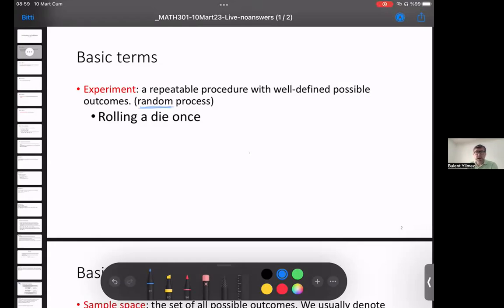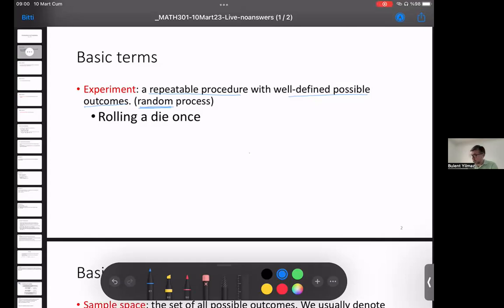There will be a repeatable process. There will be well-defined possible outcomes. So these are the critical items that we need to understand about experiment. I'm sure in your high school you covered these a lot, but maybe you name them differently.